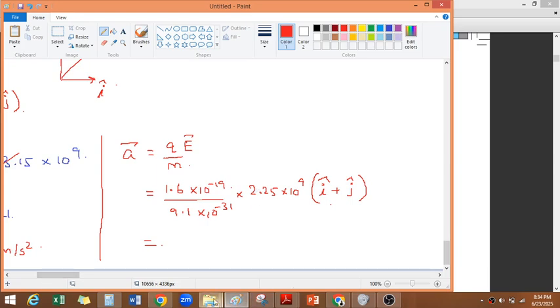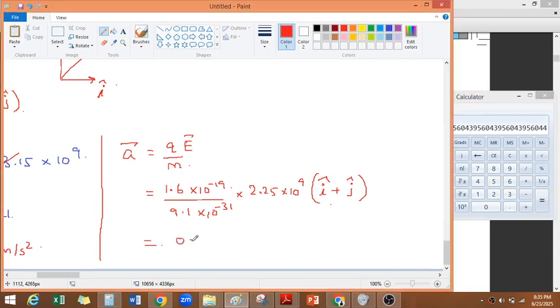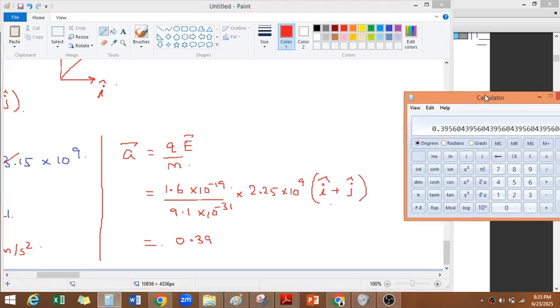So, calculator: 1.6 divided by 9.1 multiplied by 2.25. 0.395.